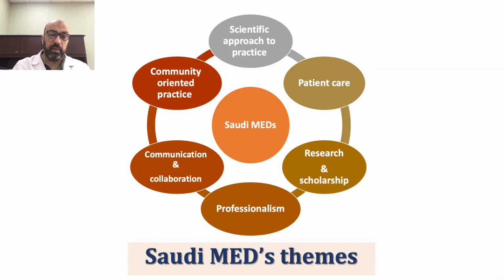In Saudi Arabia, we have the SaudiMEDs, which puts the patient at the center of the competency framework, and the graduate should have a scientific approach to practice, patient care, research and scholarship, professionalism, communication and collaboration, and community-oriented practice.